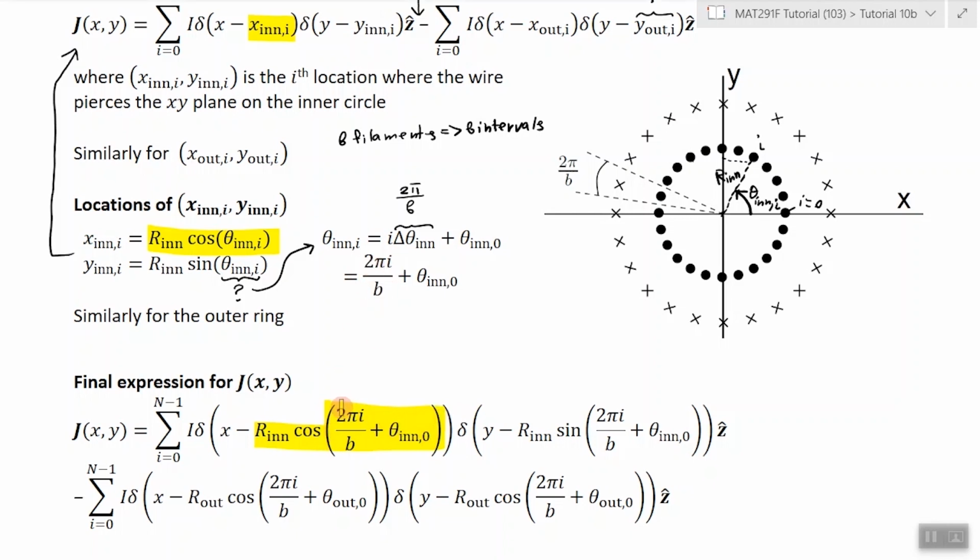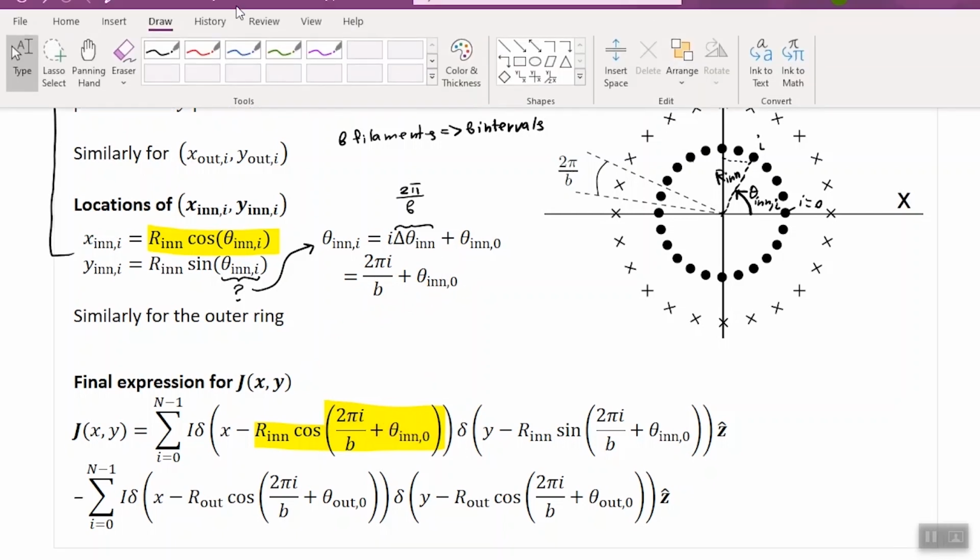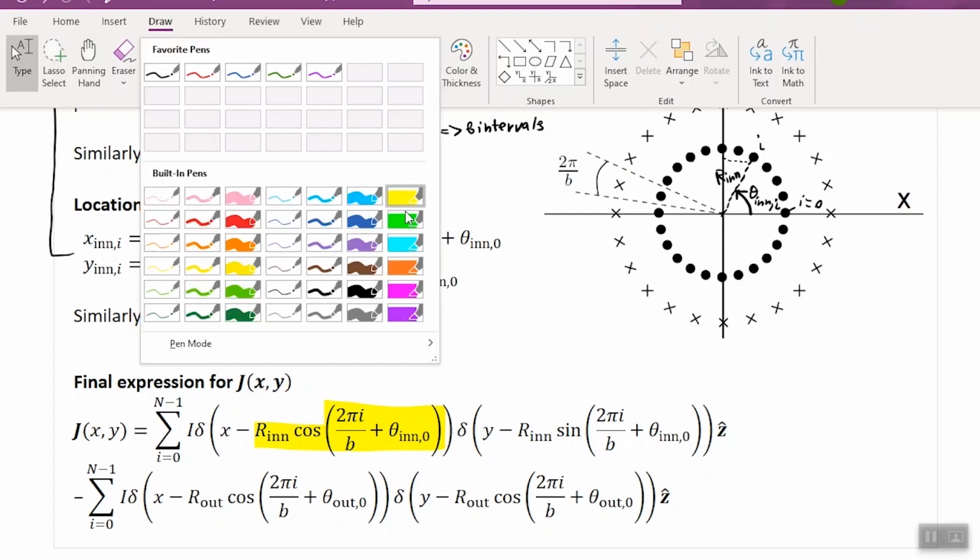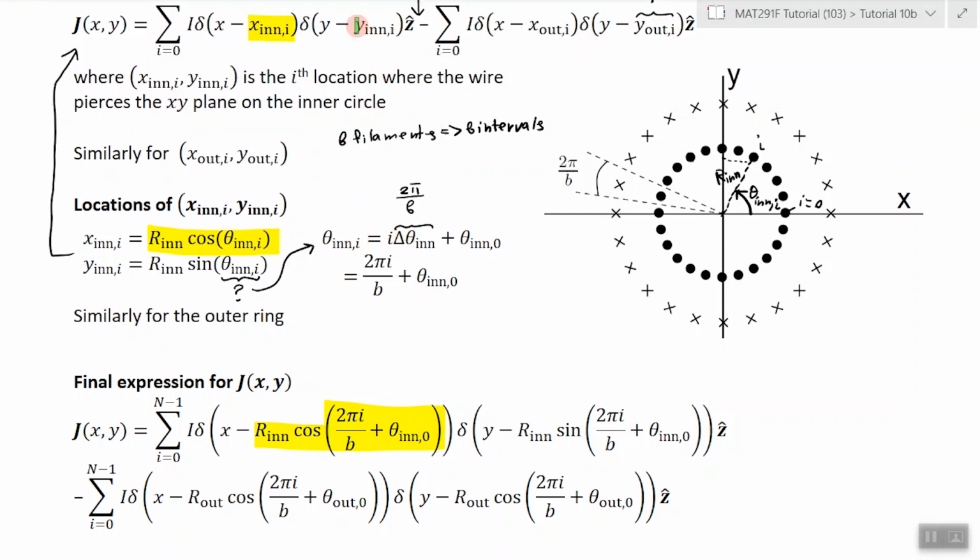And then you see this theta inner i is what I'm plugging in here. I got this expression. Then this y inner i is described here, and this is what I wrote here.